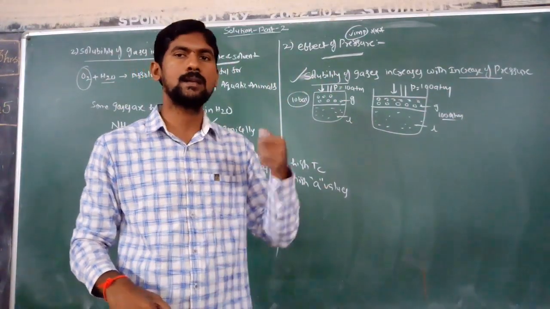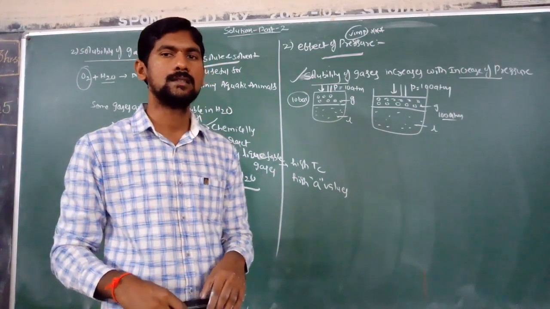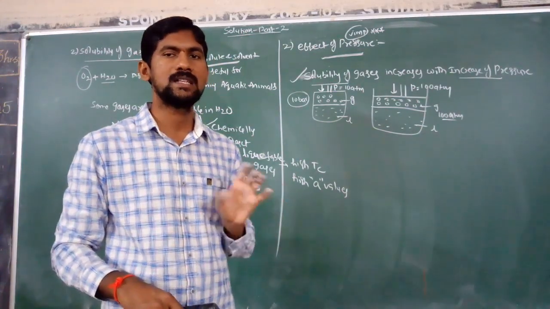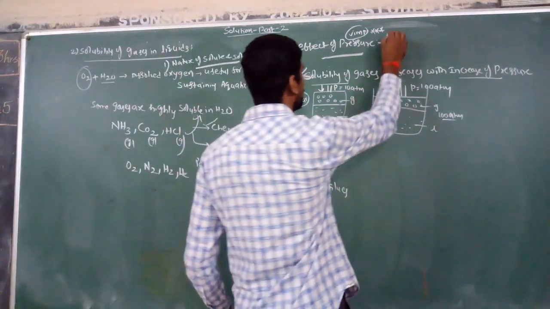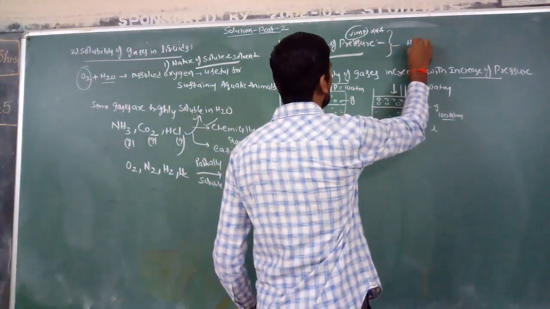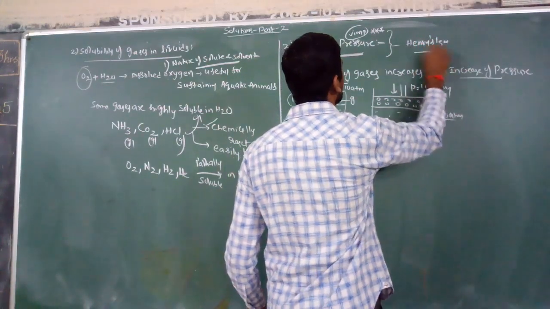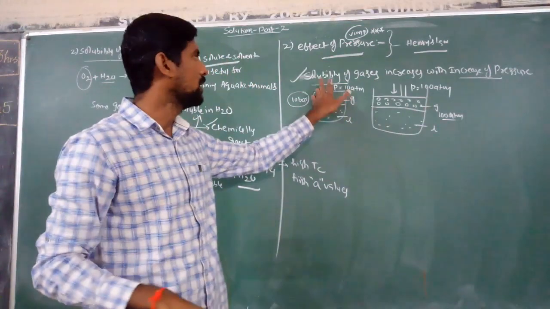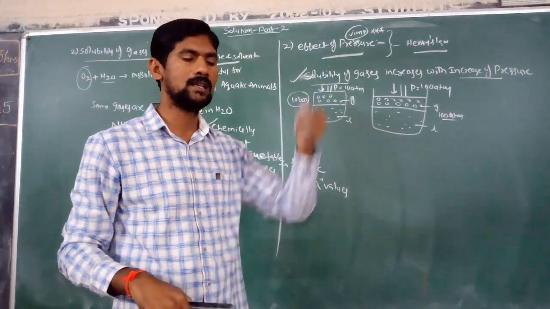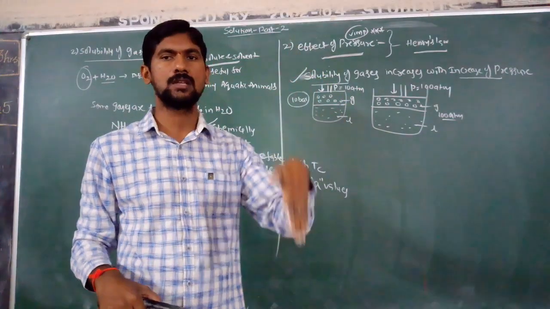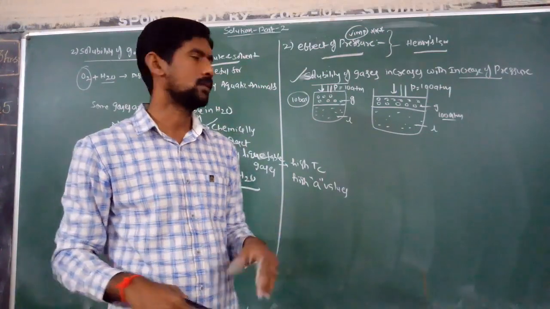If you increase the pressure, solubility of gases also increases. This concept is best understood by Henry's law, the effect of pressure. Solubility of gases increases with increase of pressure, and most of the gaseous molecules go into the solution and dissolve completely.